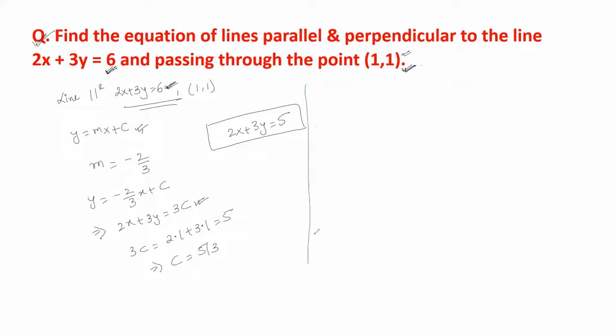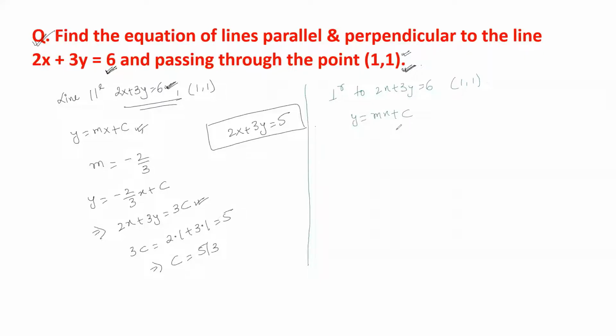Now, let us see the equation of a line which is perpendicular to 2x plus 3y equal to 6 and passing through the point 1, 1. Again, let us assume that the equation of the line which is perpendicular to 2x plus 3y equal to 6 is of the form of y equal to mx plus c.